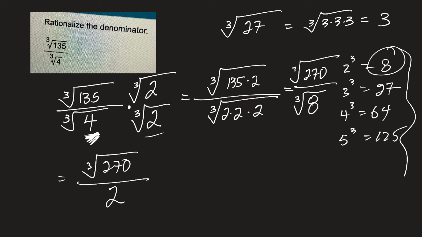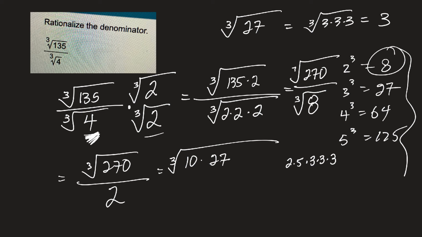Now, if I can simplify the top thing, I want to do that too, like the cube root of 270. I don't know. I guess I can say, well, that's the same as 10 times 27. And 10 is 2 times 5. 27 is 3 times 3 times 3, I think. Is that right? Yeah.